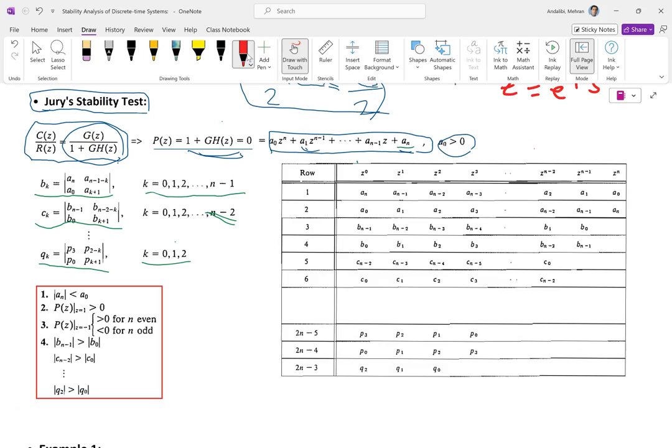Let's plug in k of 0. It's going to be b naught. How would you find this number? Clearly, it is going to be a 0, and because k is 0, this is going to be a of n minus 1, and this is going to be a of 1.